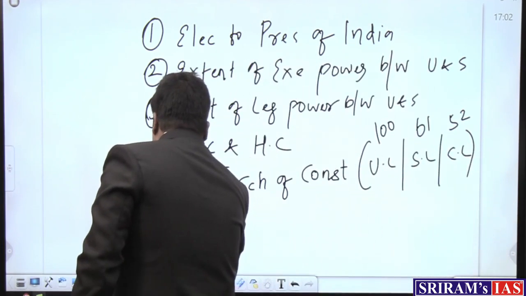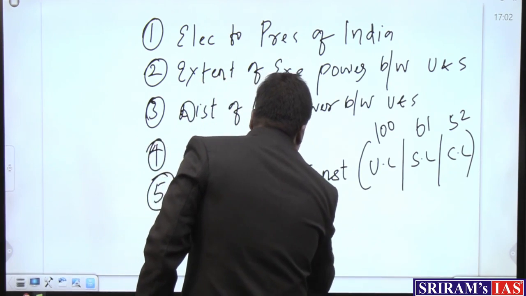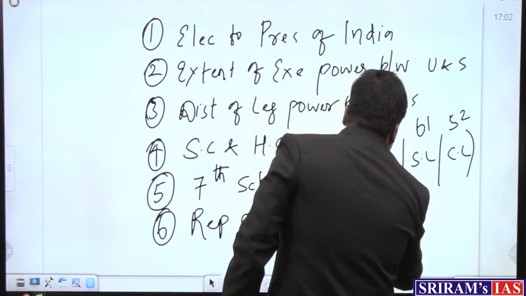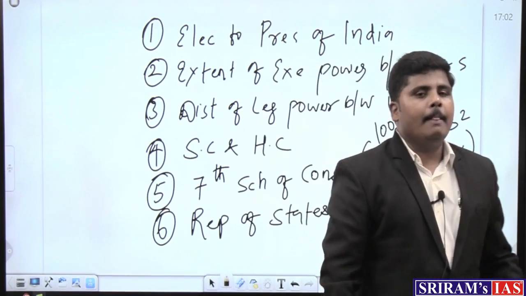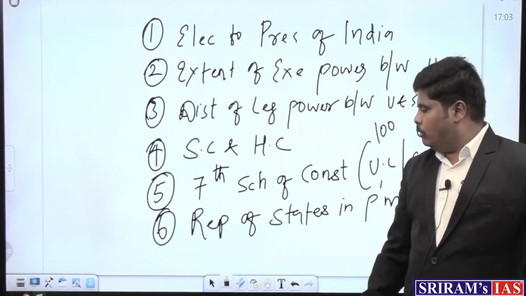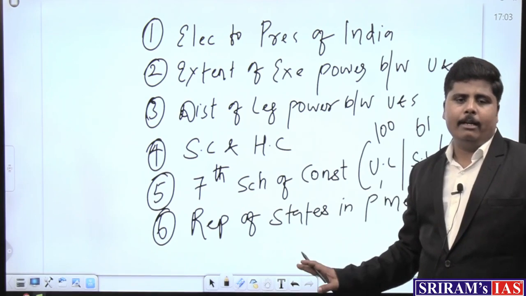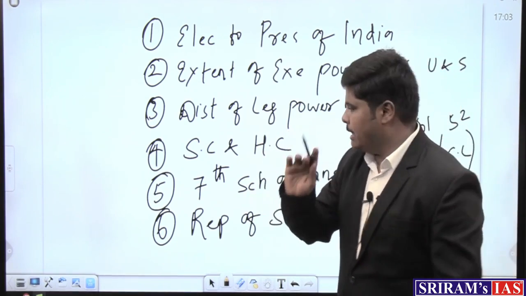Then number 6, representation of states in parliament. That means anything relating to Rajya Sabha. States are getting represented, no? So, mostly issues relating to Rajya Sabha, any changes in that criteria will be subjected to amendment, so we need to get 50% of the states' permission.